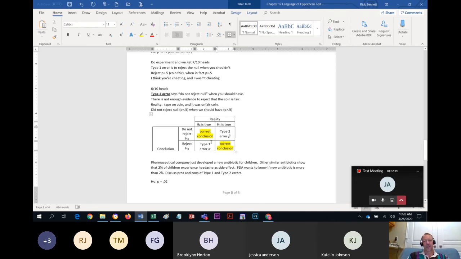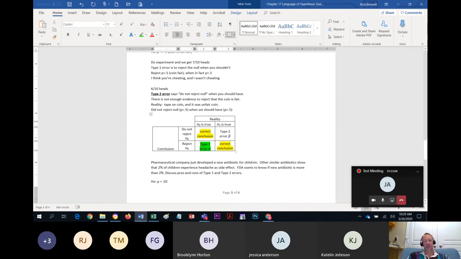Now there are two ways we can make a mistake. It could be that the null hypothesis is true, but we incorrectly rejected it. Okay, so that would be a type 1 error. And we use alpha to represent a type 1 error. So that's one mistake that we could make.